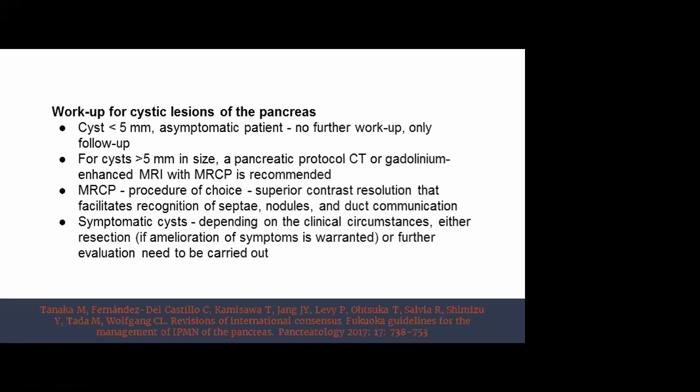Among the two, the guidelines say that MRCP is preferred because it has a superior contrast resolution that facilitates recognition of the septae, nodules, and also the ductal communication, and the exposure to radiation is less. A symptomatic cyst, irrespective of the size, needs to be evaluated further. Depending on the clinical circumstances, if the patient is symptomatic and the symptoms need to be ameliorated, then one can go straight away for surgery. If there is no such clinical indication for surgery, then after further evaluation, the call can be taken.